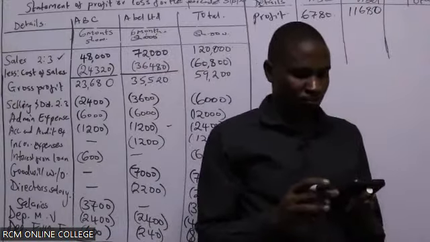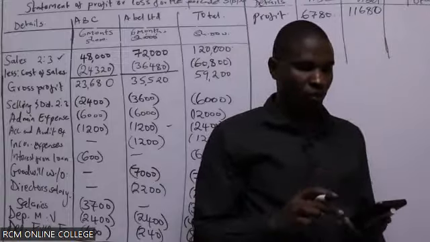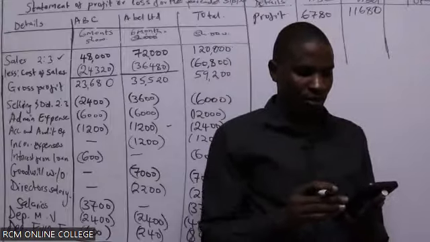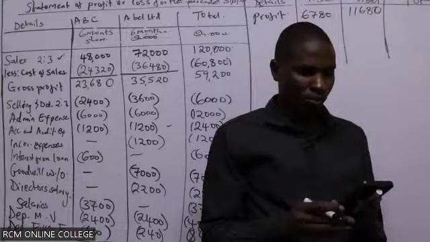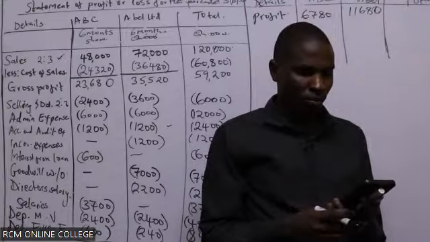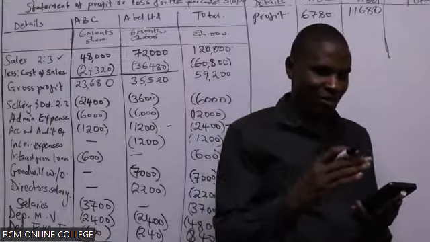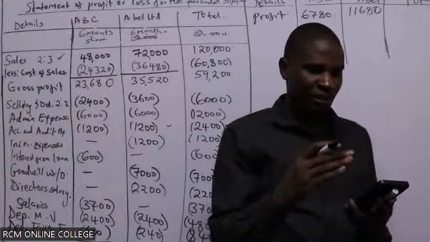Toto ya hao wawili sasa. Toto unaongeza 11, 17, 860. 18, 460.